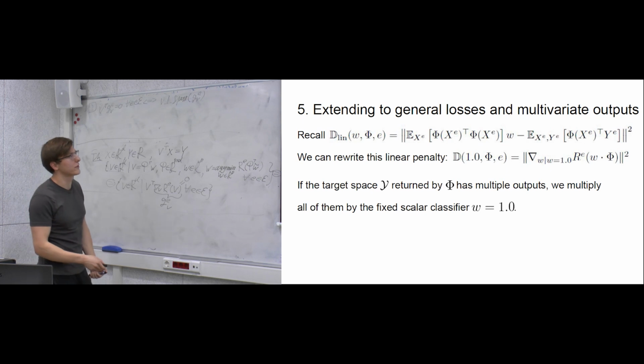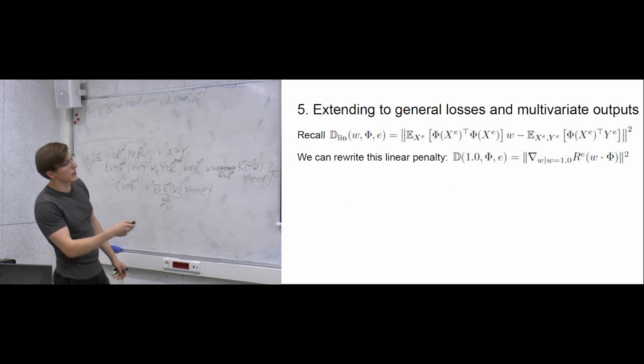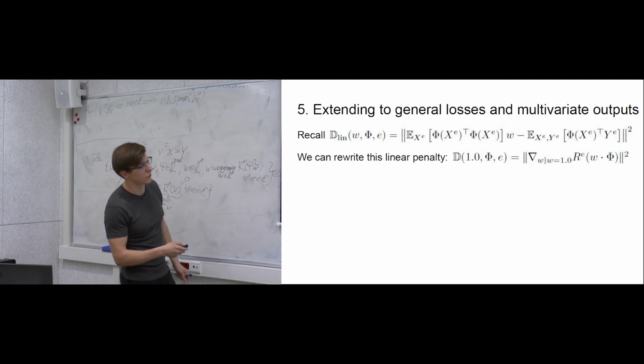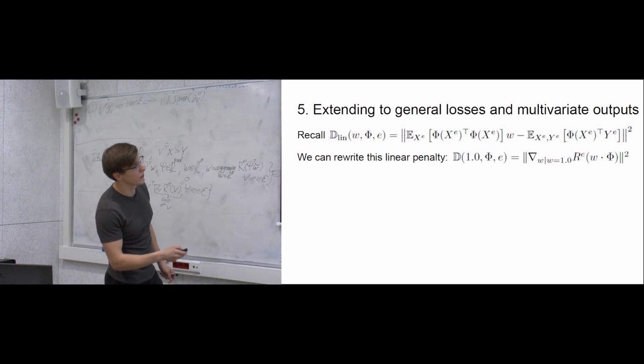Okay, so we just rewrite the penalty that we introduced earlier in a general case, in this case, because those two coincide for MSE loss. So if we have our risk as just squared error, then the gradient with respect to the classifier would be this equation.